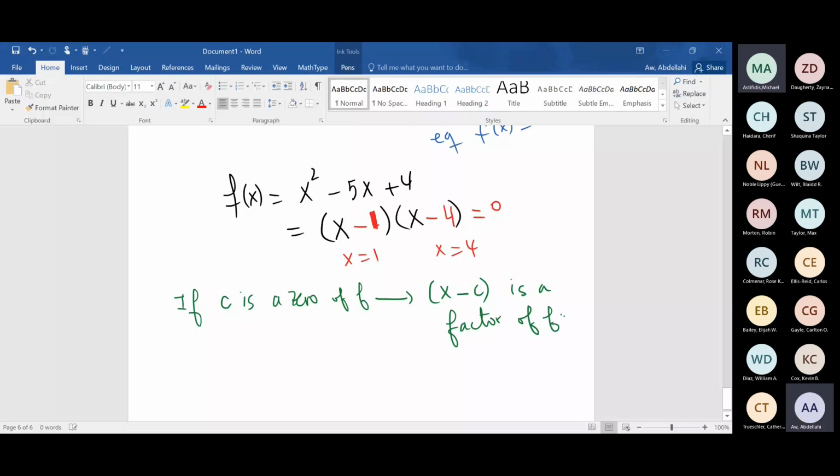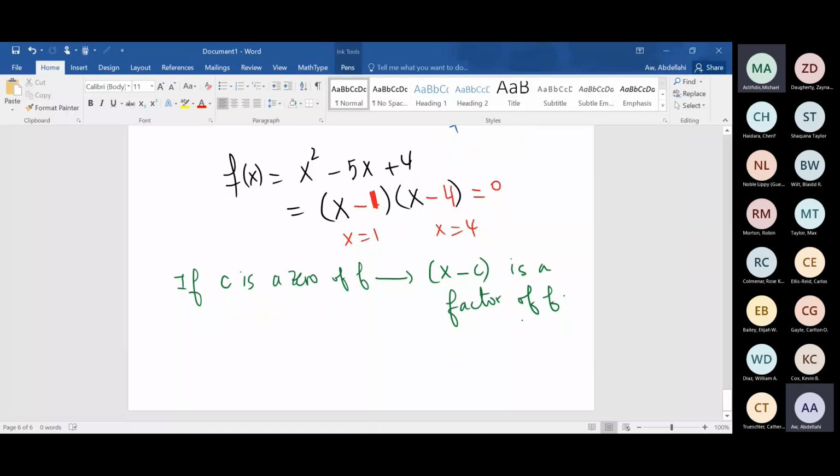Okay, so there is a very tight correlation between zeros and factors. Every time we have a 0, it's like we have a factor for the function. Every time we have a factor, it's like we have a 0 for the function. Everybody see that? That is the second definition. What is the third definition?